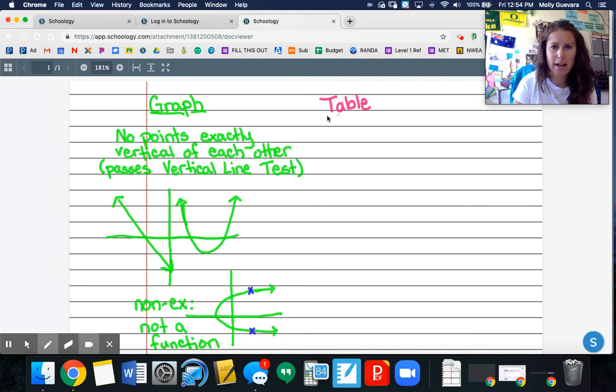So now let's look at a table. How do I know if something is a function from a table? So in writing, basically what we're looking for is no repeated x values with different y values.